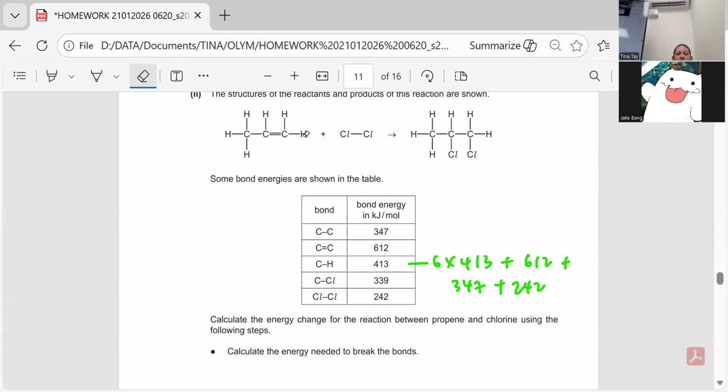Can you see that? I think a lot of you forgot this one, the CC. CC is 347. So your total is 3679.